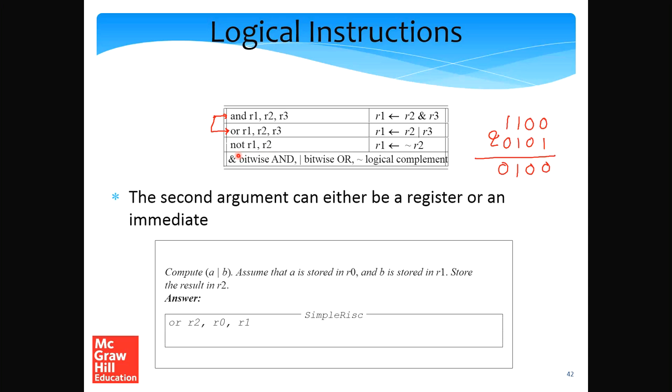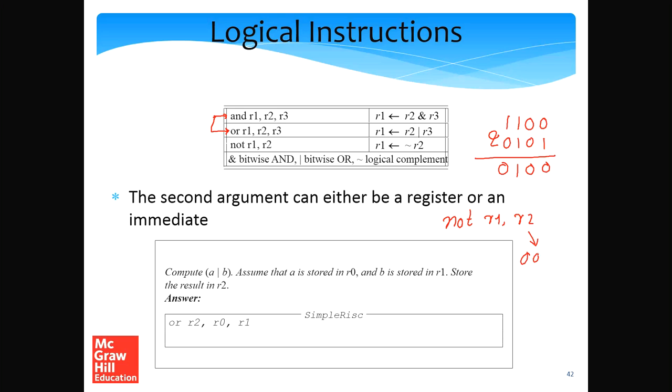So if there is a single source operand, what we can see as a general rule is that only one source operand is allowed to be an immediate, but both the source operands are not allowed to be immediates.